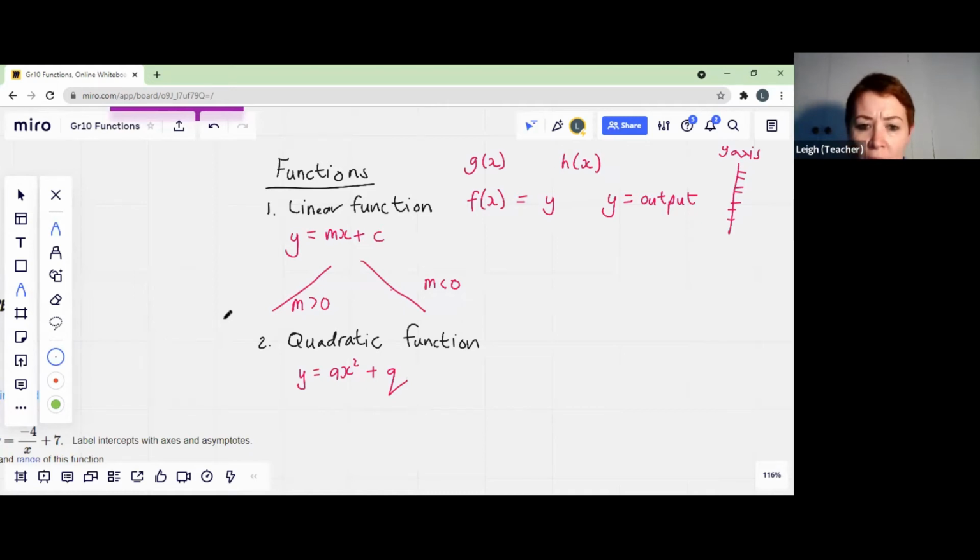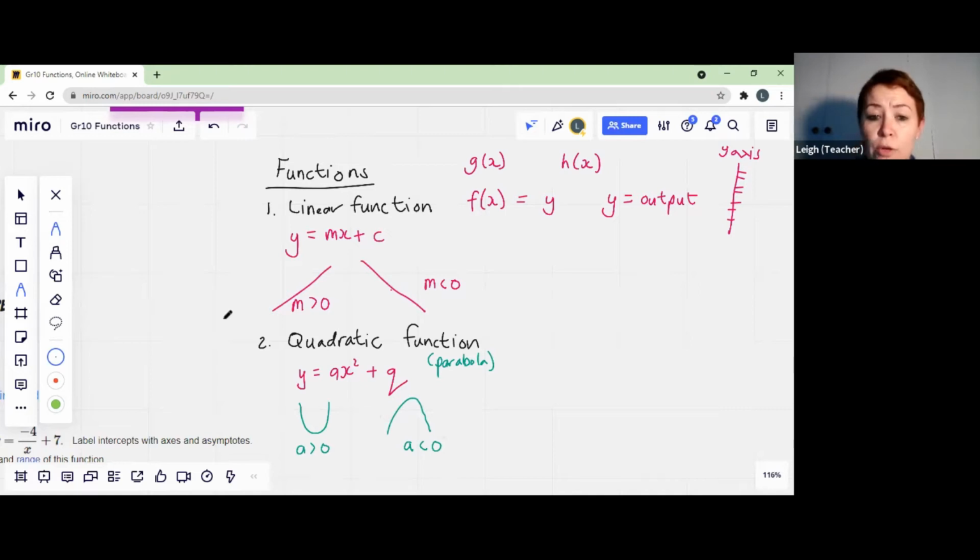So either our quadratic function, otherwise known as a parabola, can be happy face or it can be sad face. If it's happy face, then a has to be greater than 0. If it's sad face, a will be negative. So those are the first 2 functions that we learned about.